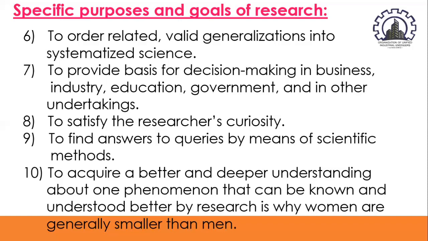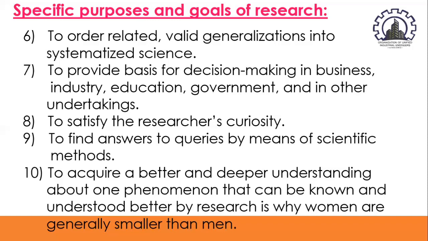And number nine, to find answers to queries by means of scientific methods. One important question in this particular purpose that may be asked, which can be answered only by means of research, is in what setting is life expectancy higher, in the city or in the barrio?